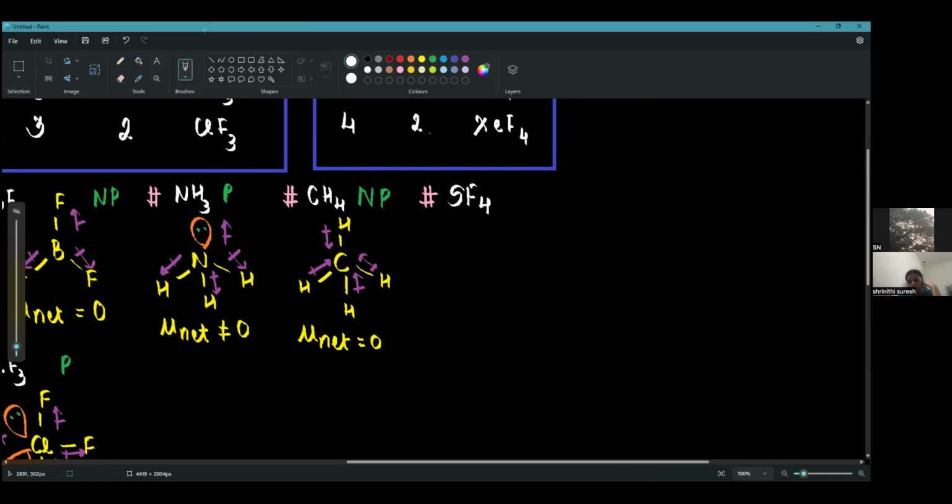So four sigma and one lone pair, hybridization will be sp3d. Geometry will be trigonal bipyramidal, which looks somewhat like this, and you are going to have one lone pair of electrons like this.